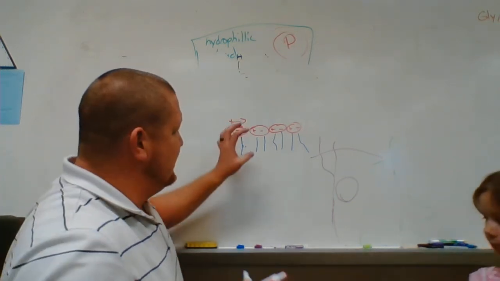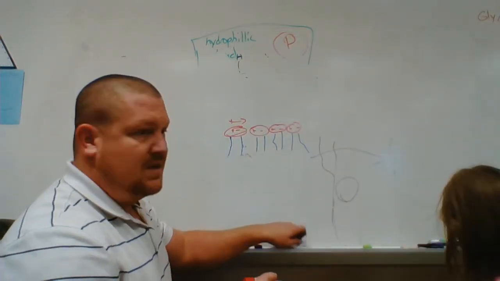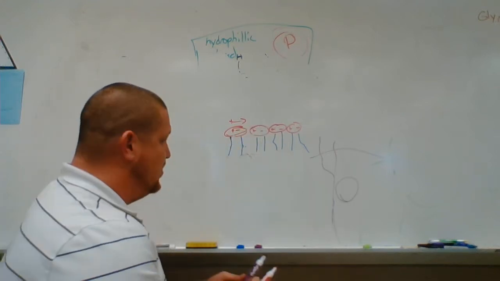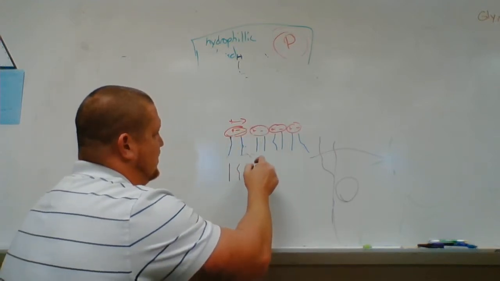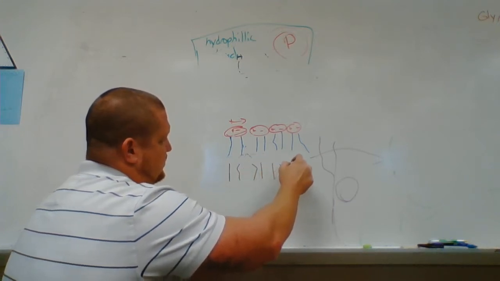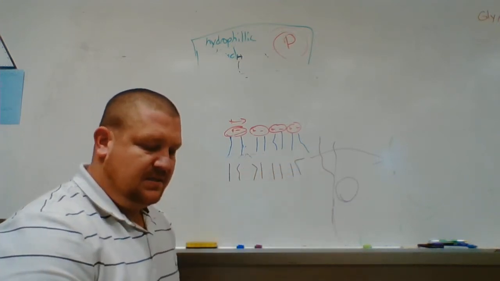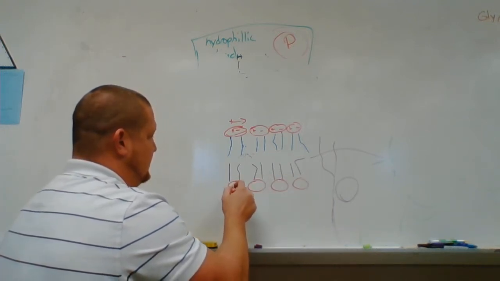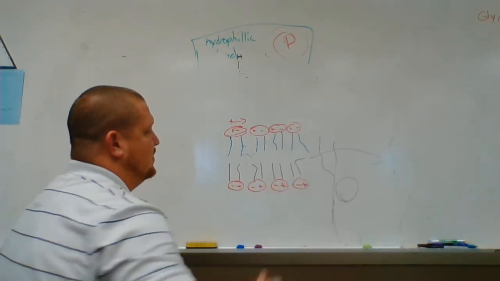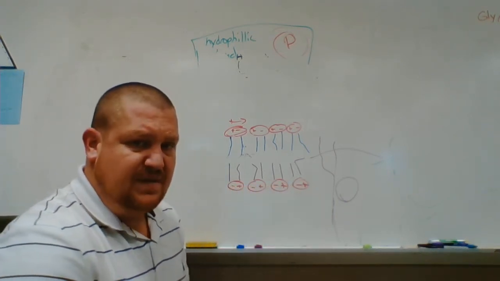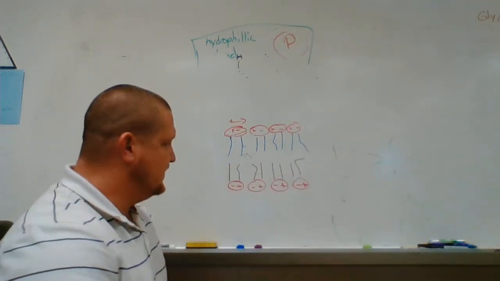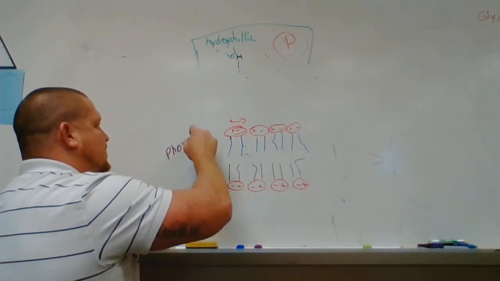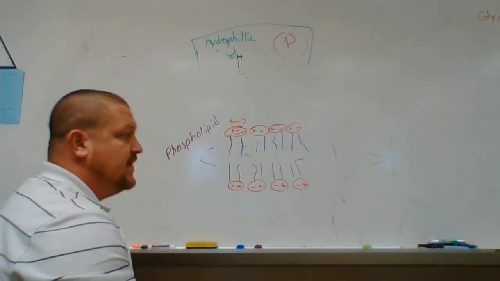All right, so we're starting to get this layer of phospholipids. And just like the polar areas come together, so would the non-polar areas, and then you have your heads down here. So we have this thing, which is very important that it forms the way it does.